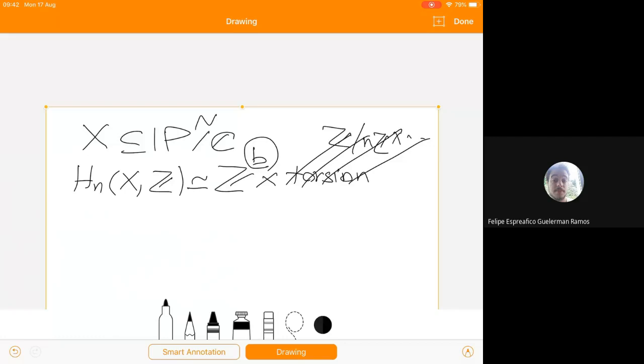Okay, and the most important thing is that this guy, we will see that it is constructed using C infinity forms, C infinity functions.